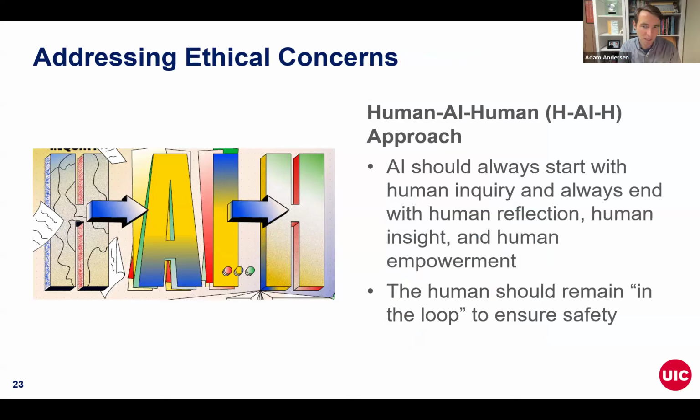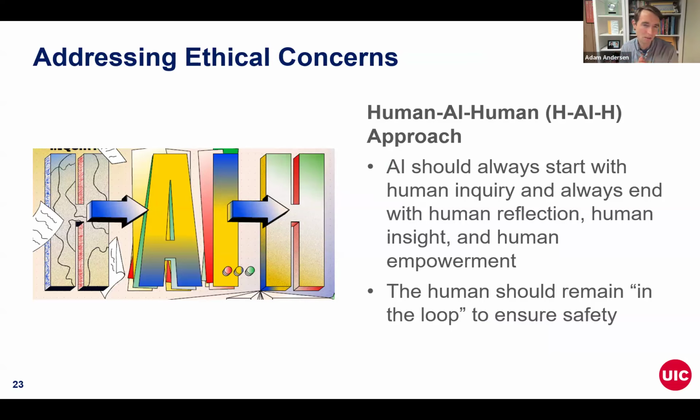AI starts with human inquiry and human curiosity, and then it also ends with human reflection, human insight, human empowerment, to know that we know the benefits, we know the limitations of this, and we're still taking the lead on making this decision, right? AI is not necessarily making the decision for us. It has to be this interaction.